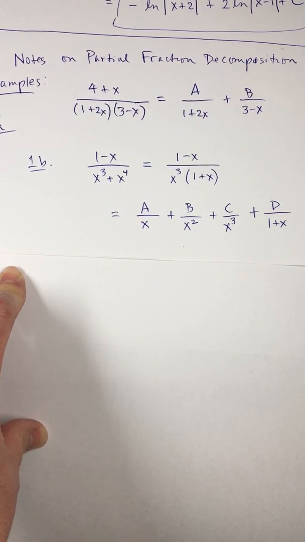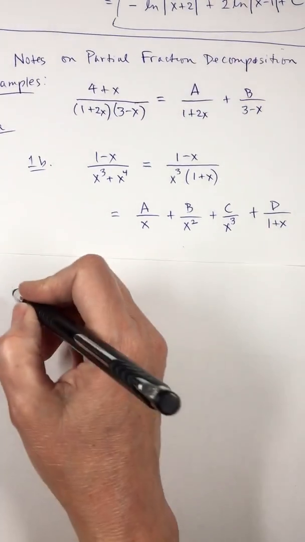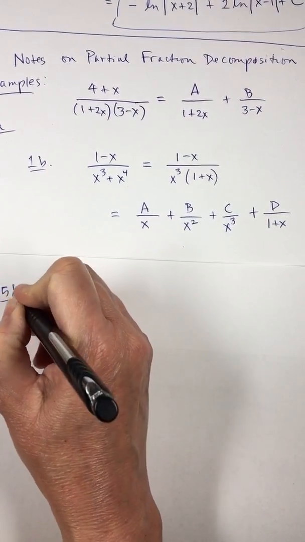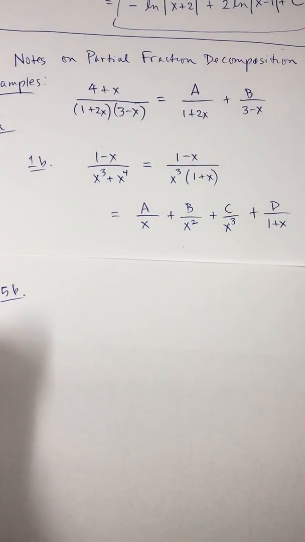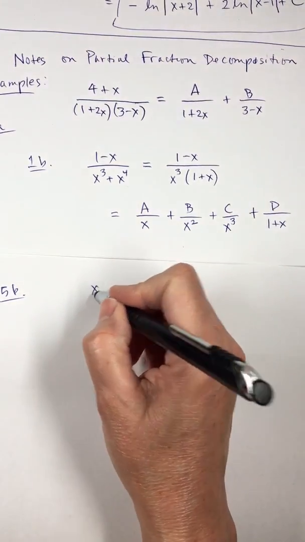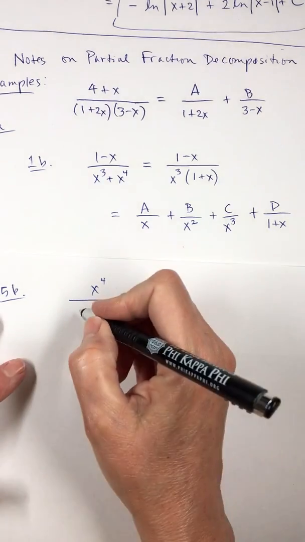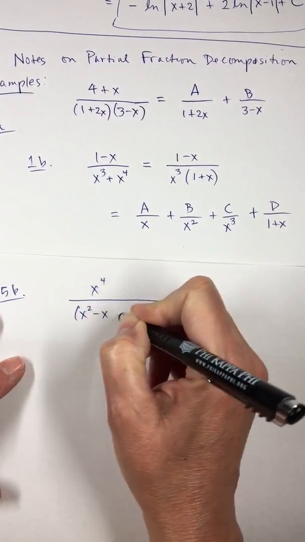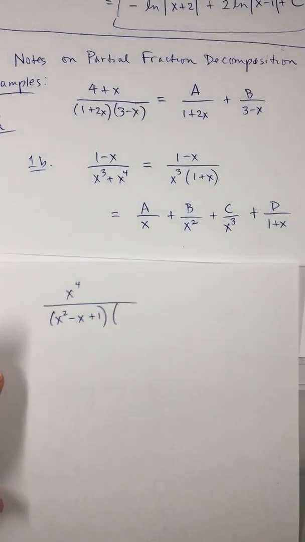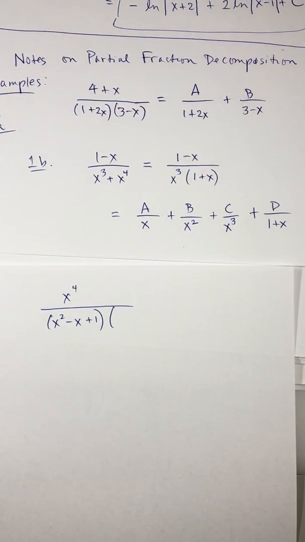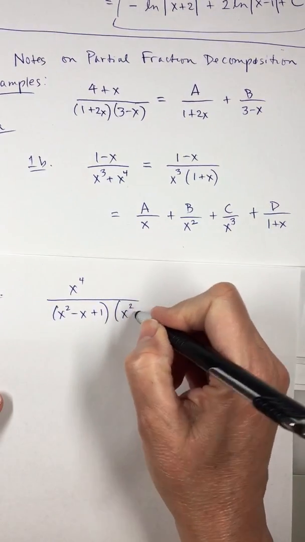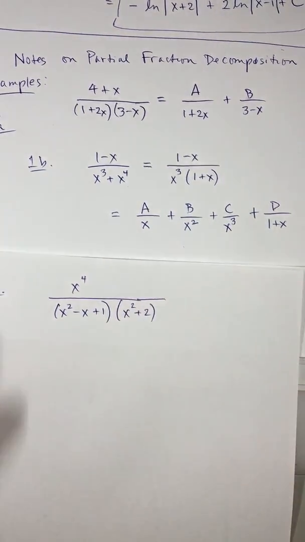Here's another one. This is actually number 5b. So I have x to the fourth in the top over x squared minus x plus 1, times, open parentheses, x squared plus 2, and that is raised to the second power.